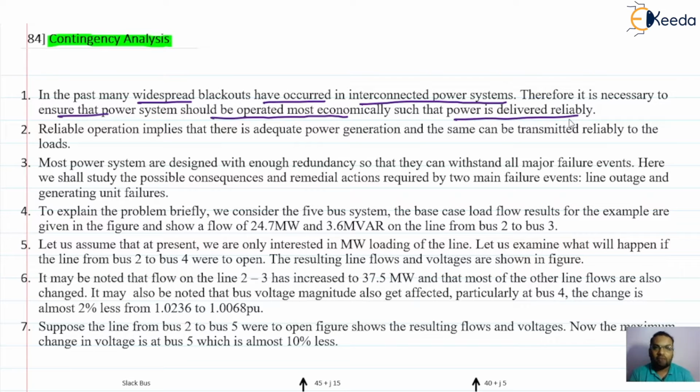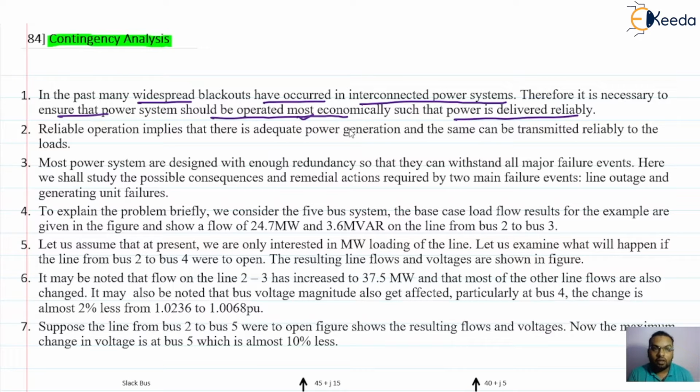We discussed in the introduction to power system security that the two important functions related to satisfactory operation are the economics of the power system and the security of the power system. So to ensure satisfactory operation, we have to make sure the power system operates most economically and the power is delivered reliably.